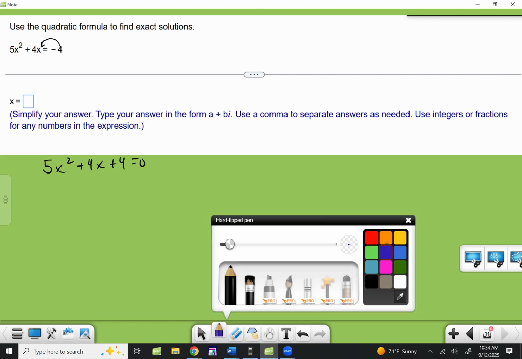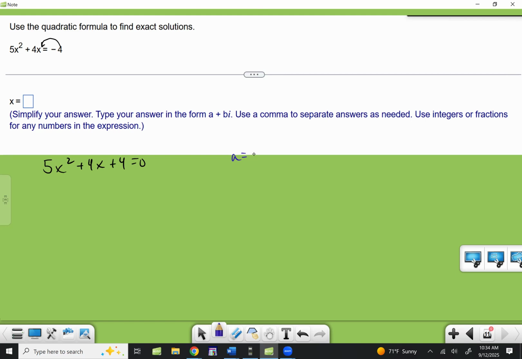Then we can see that our A is 5, our B is 4, and our C is also 4. I'll write out my quadratic formula. Here we go.